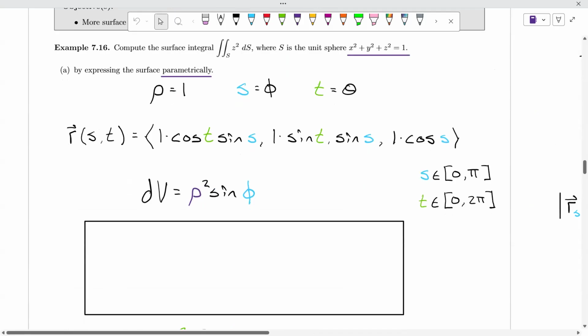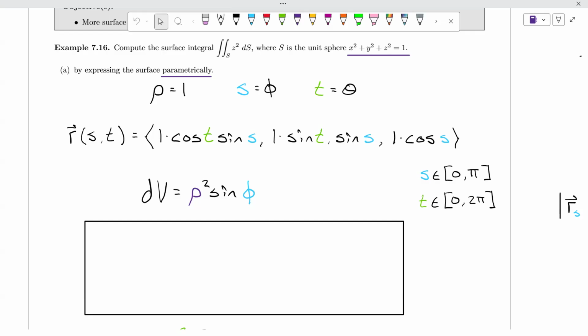So, the unit sphere, if I express it parametrically, remember that polar, cylindrical, and spherical coordinates are all very common parameterizations of the coordinate space. So as often as we can, we're going to use cylindrical and spherical coordinates as a base for parameterizing some object. So the unit sphere is just the sphere where rho is equal to 1.